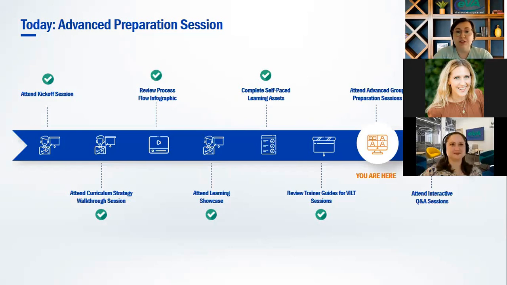We know that this week was the first week where you were reviewing assets while at the same time practicing some teach back sessions. I know it's a little much, but you are helping us get to that end goal of a successful new platform. I do want to clarify that each group preparation session is dedicated to one subject area, and there are six subject areas for the VILTs.